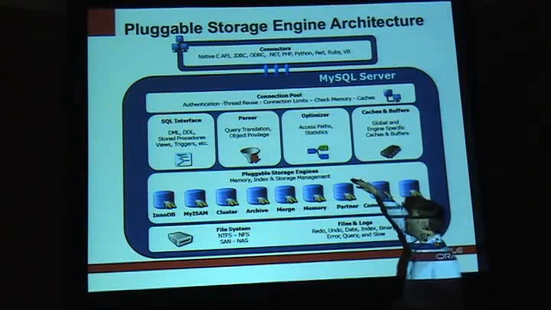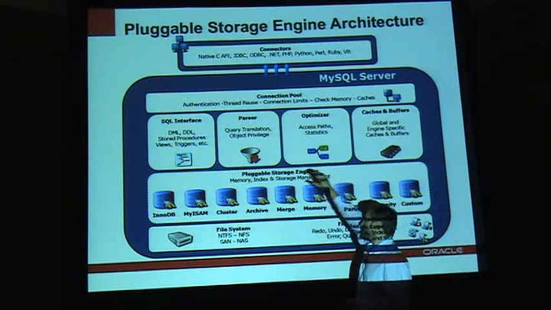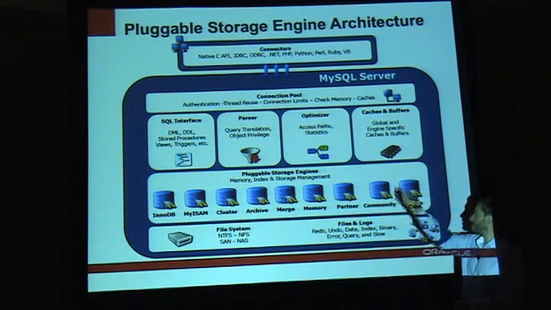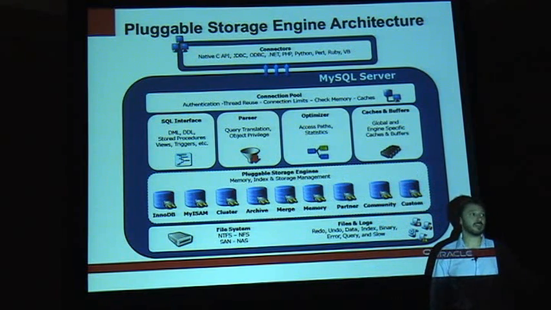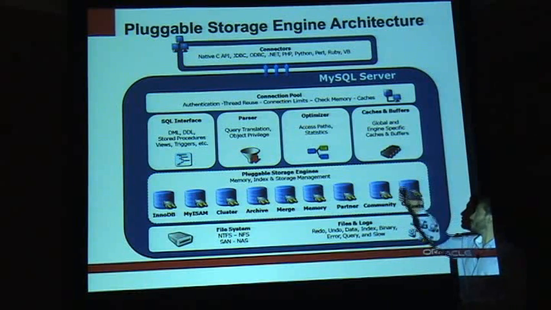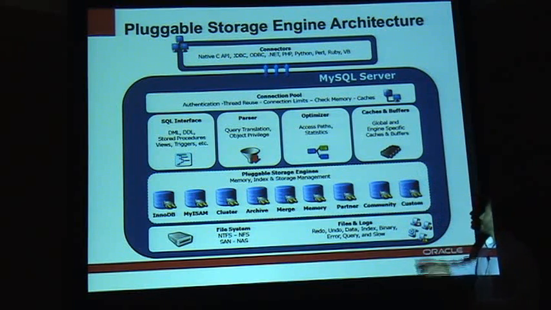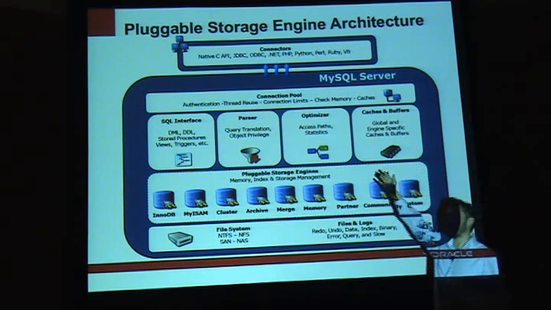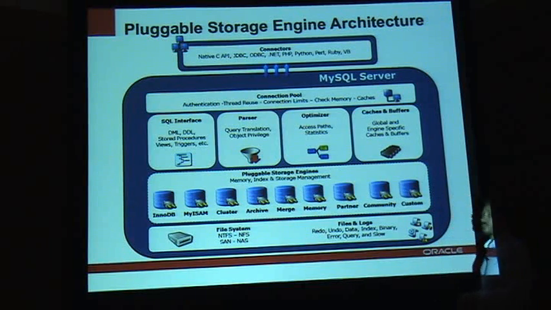You have a connection pool that is a module responsible for authentication. It's a multi-threaded environment where you can actually define for each thread a user connection, and you can reuse the cache elements. You can define some limits on the connections, on the amount of memory you can use for each connection, and so on.